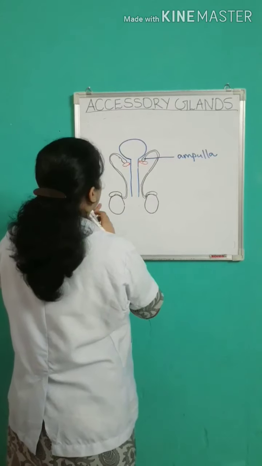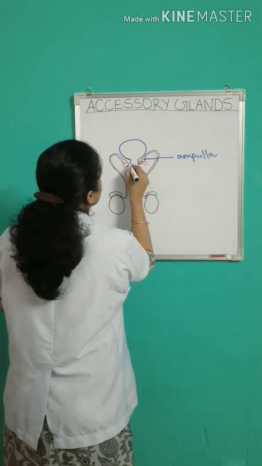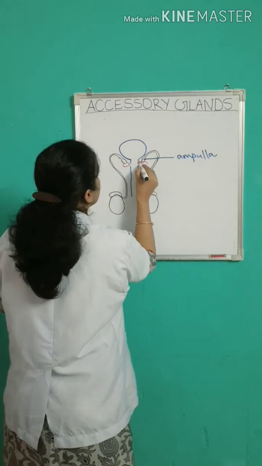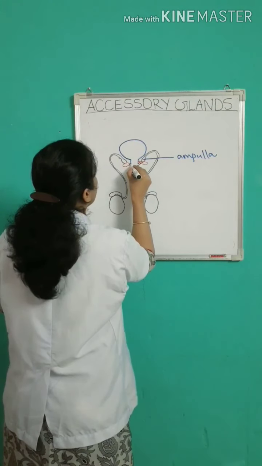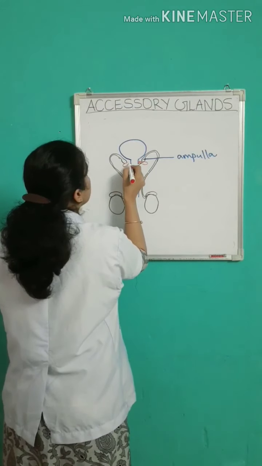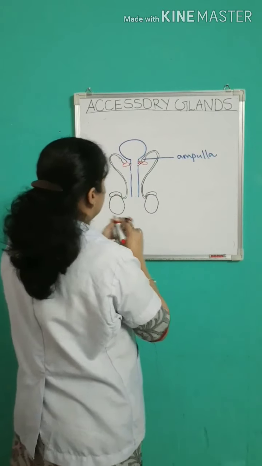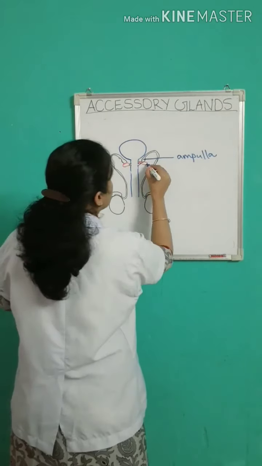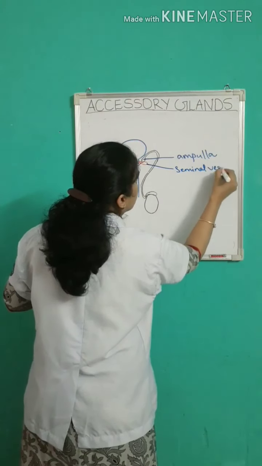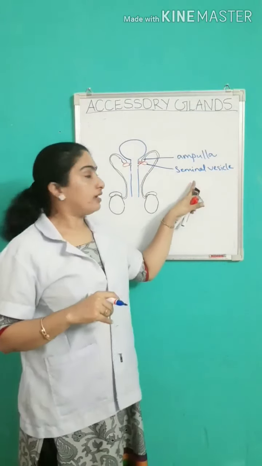Then it is followed by the ejaculatory duct, and this ejaculatory duct opens into the urethra. So we can see the seminal vesicles here. This is the seminal vesicle.